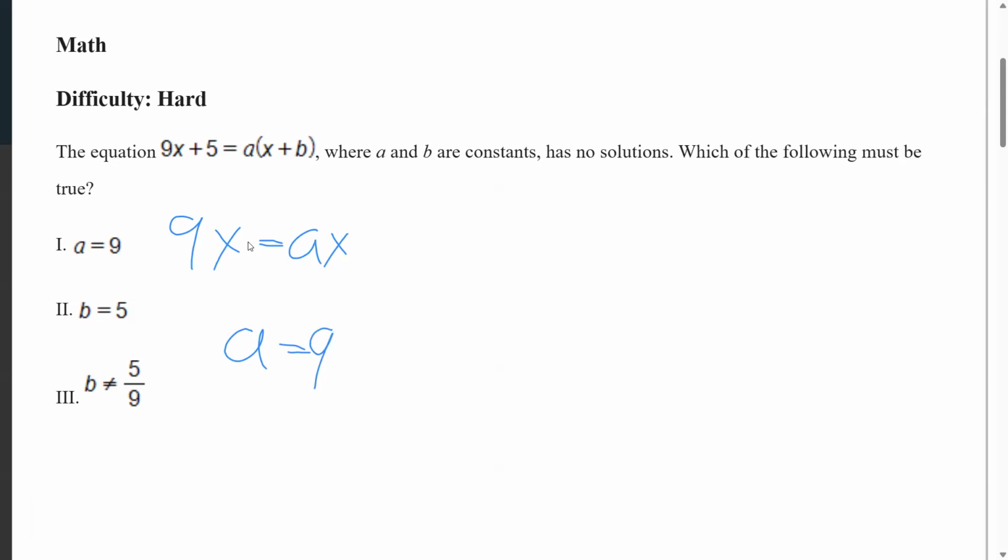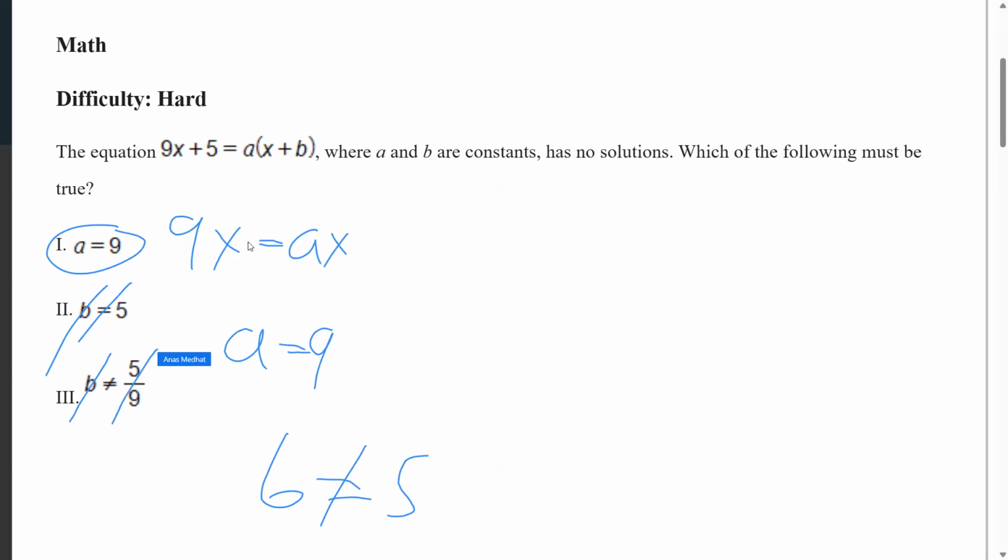And b cannot be 5, because if b is 5, the equation will not have infinitely many solutions. So a will equal 9, so this is correct. B cannot equal 5, this is not correct. B is not equal to 5 over 9.